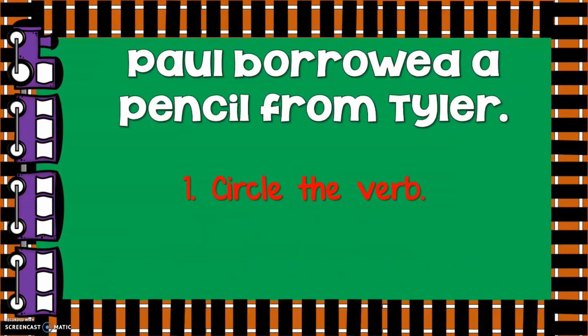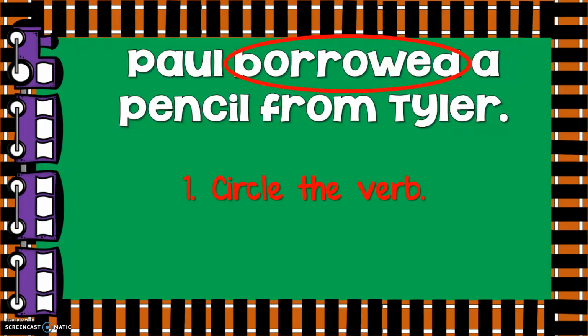All right. Next sentence. Paul borrowed a pencil from Tyler. Please take this time and circle the verb. It's the action. What are they doing? What is Paul doing? If you circled borrowed, very good. Next, we're going to identify the subject in the sentence. Who or what is the sentence about?